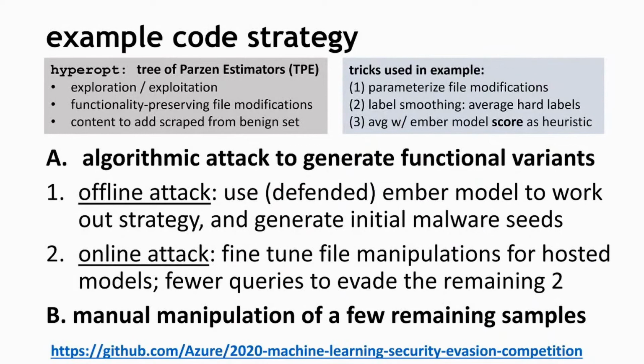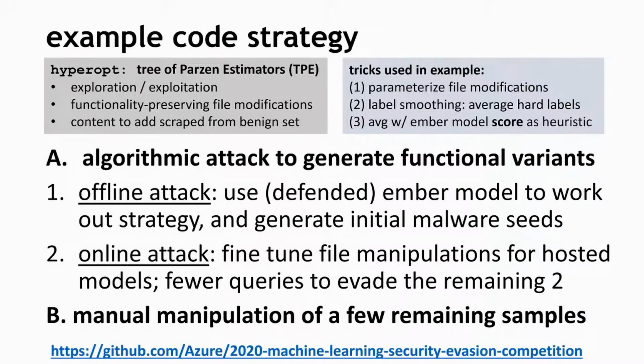However, the broader strategy may be of general interest. It consists of employing an algorithm in part A to get the bulk of the malware to be evasive while remaining functional, followed by any additional manual steps in part B to fix any few remaining samples.